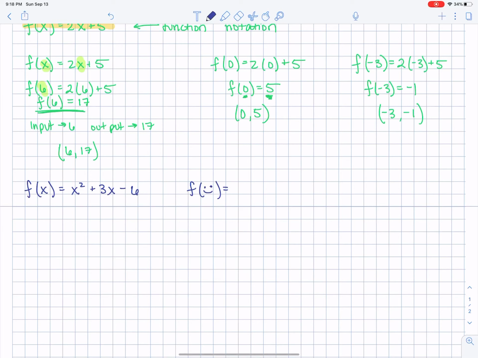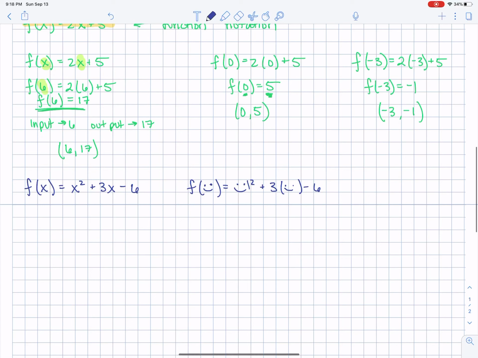You just insert smiley face into your equation wherever that x is. So this would be smiley face squared plus 3 times smiley face minus 6. Or what about f of stickman? F of stickman is going to be stickman squared plus 3 times stickman minus 6. Whatever's inside those parentheses, you input it there.